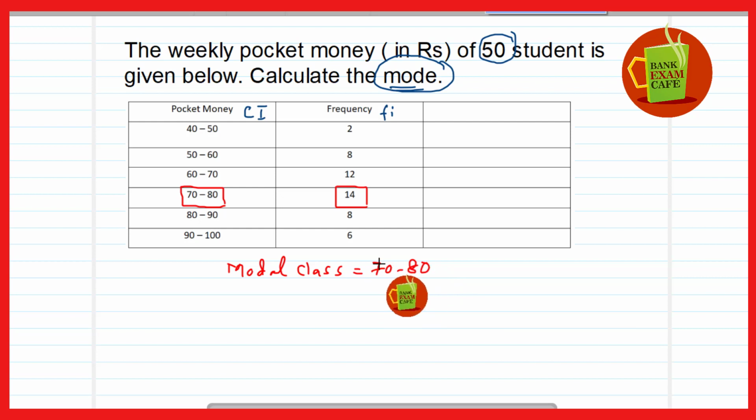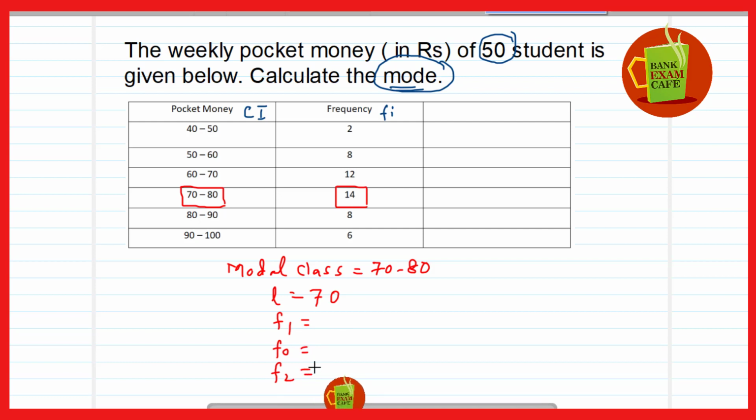Here the lowest term we require is L, the lower limit, which is 70, so L is equal to 70. Then we require F1, F0 and F2.